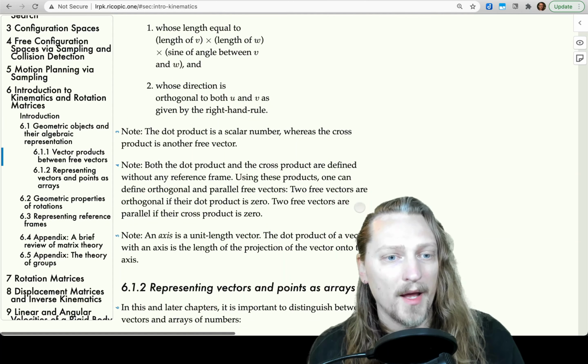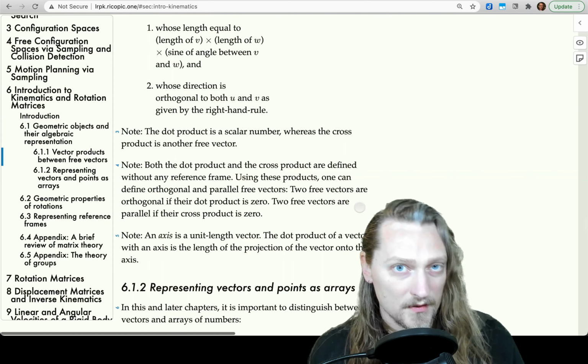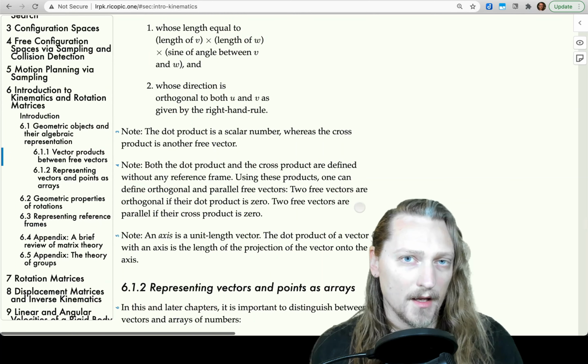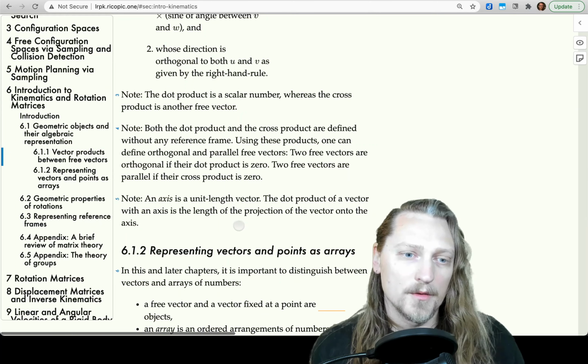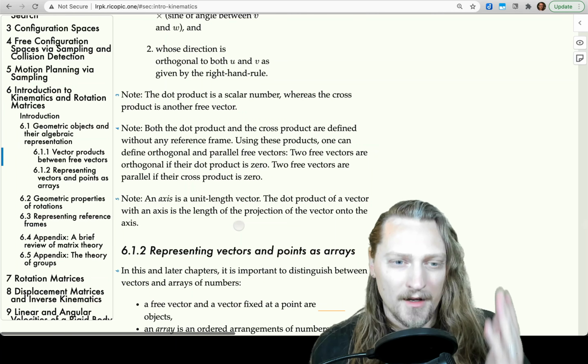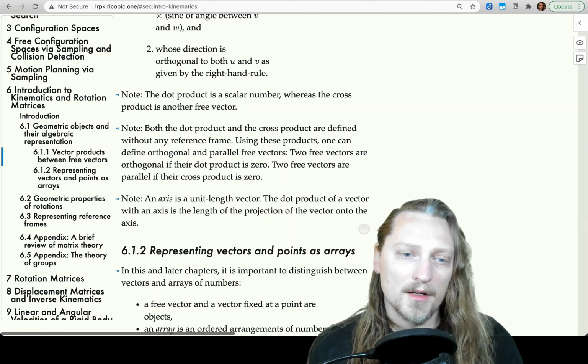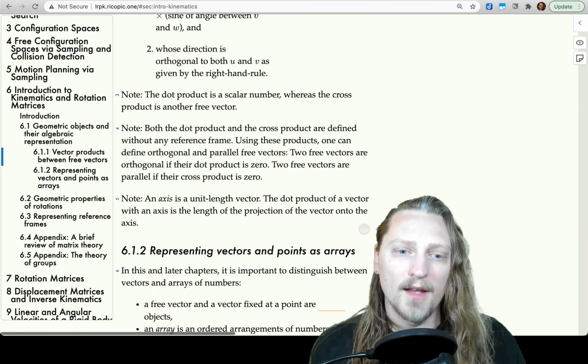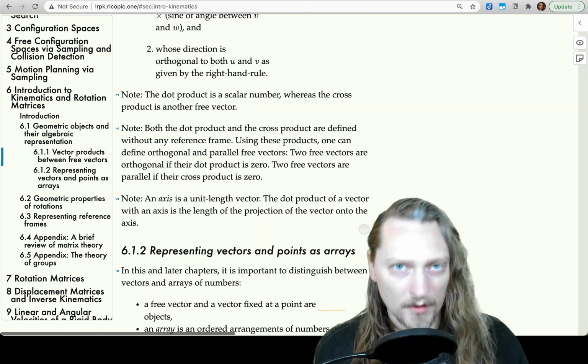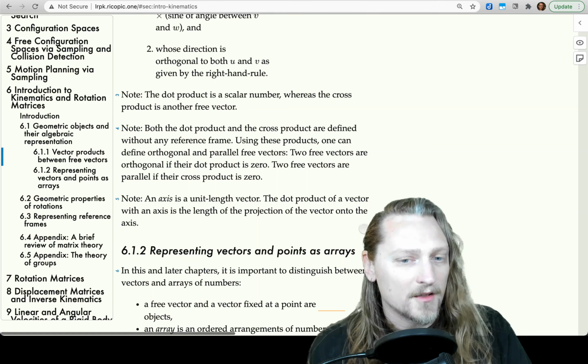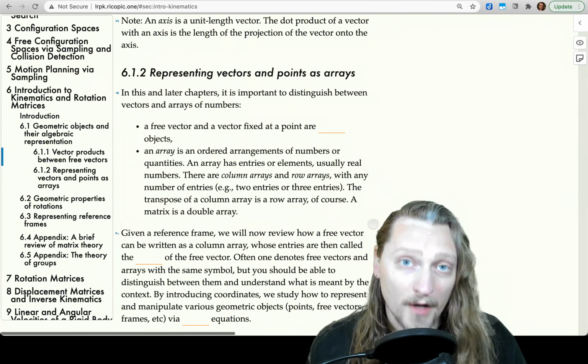Two free vectors are parallel if their cross product is 0. Really nice properties. Note, a third and final note, an axis is a unit length vector. The dot product of a vector with an axis is the length of the projection of the vector onto the axis.